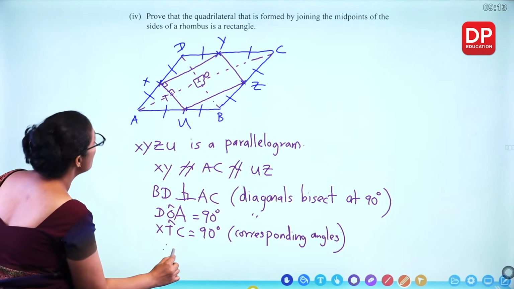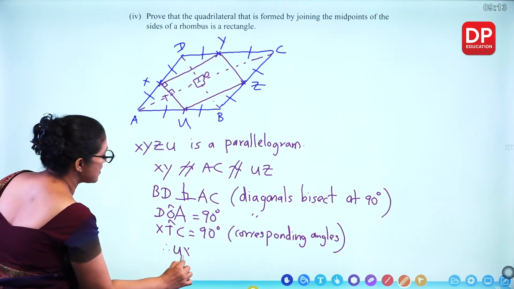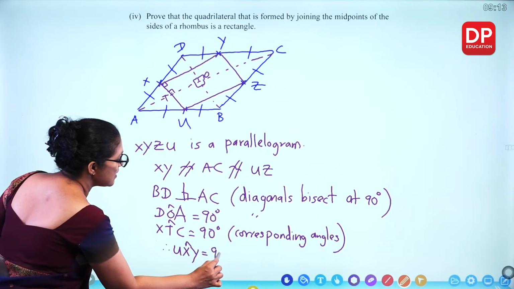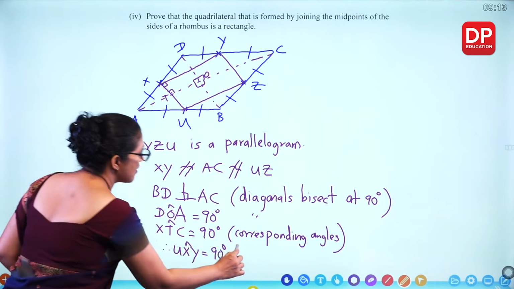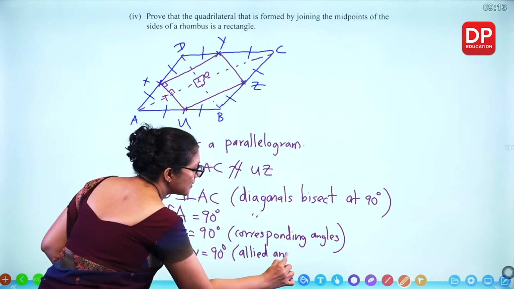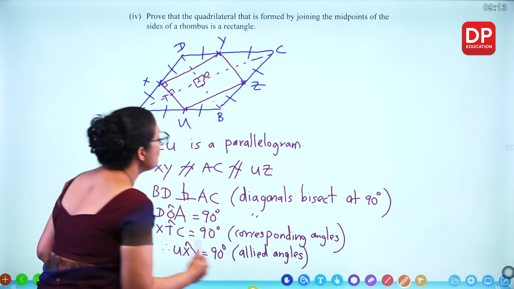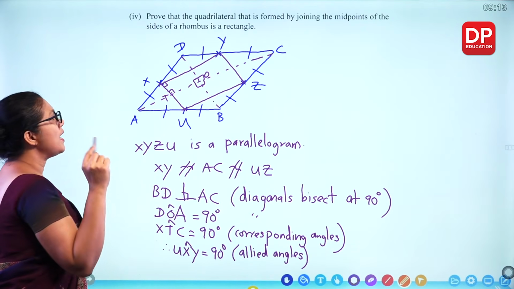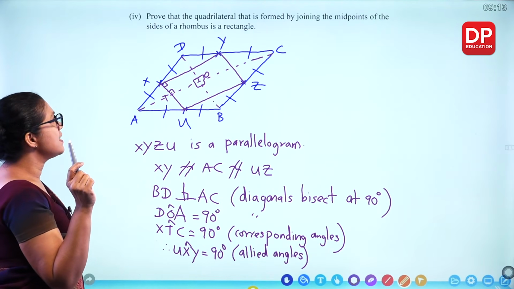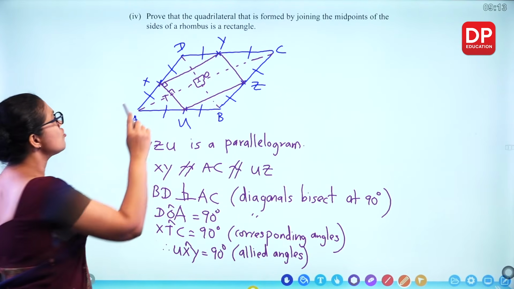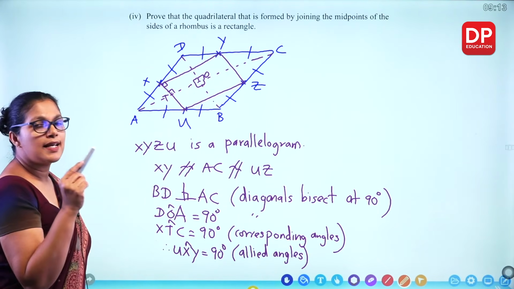So therefore, we can write UXY angle is 90 degrees according to allied angles. So we found out this is a parallelogram as well as one angle is 90 degrees. So what's the shape? A quadrilateral with each angle 90 degrees.